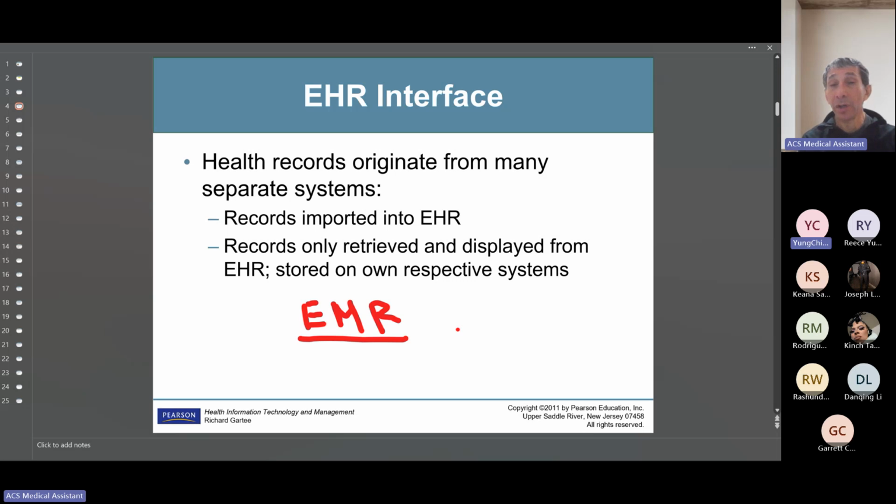Now, electronic health records, on the other hand, remember, this is the one that uses this interface, interoperability systems, which we can send, we can share this information from our office to the outside.